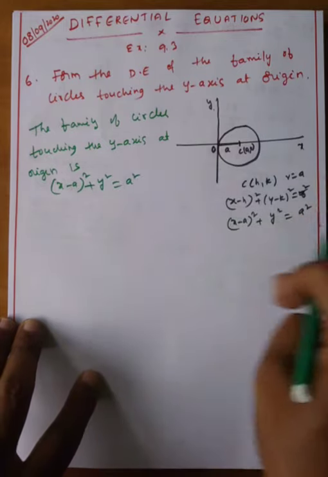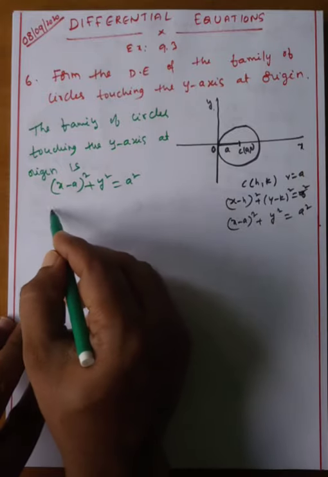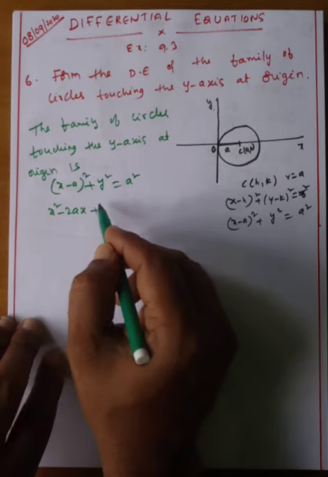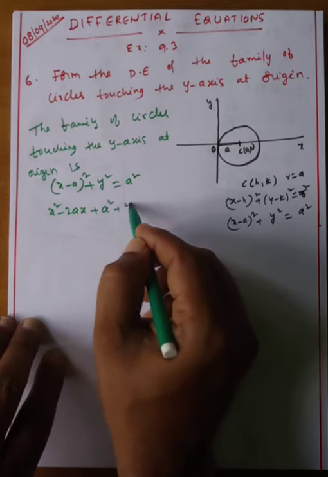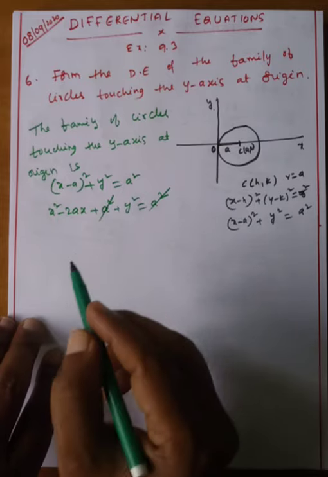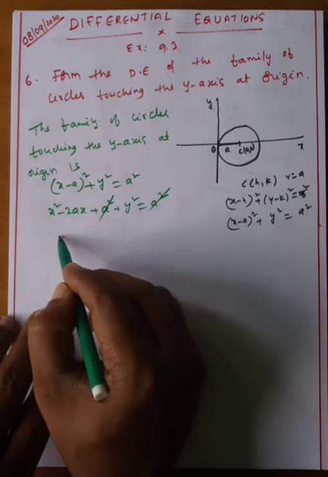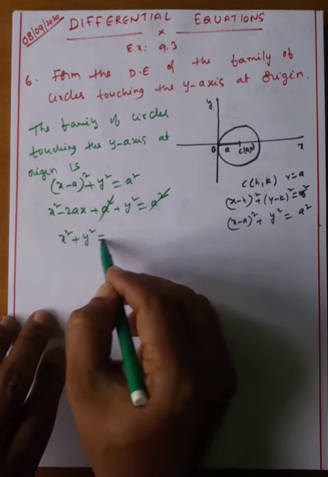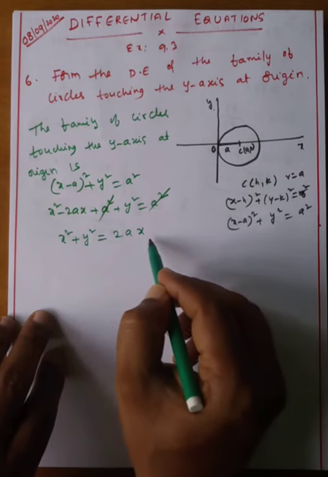Already I explained this clearly here. Now expand this one: x square minus 2ax plus a square plus y square is equal to a square. Here a square cancels. What happened? x square plus y square is equal to 2ax. Okay, my dear students, this is the equation.